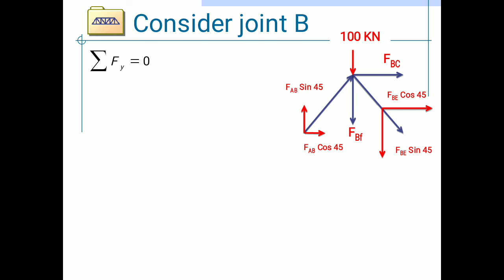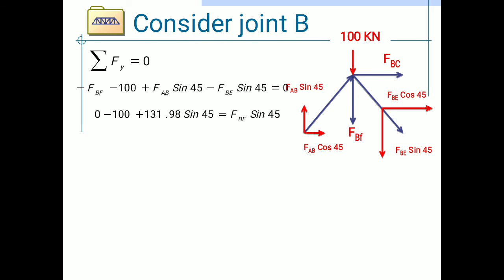The vertical forces in this joint B are 4. The summation is taken of all four forces, that is FBF minus 100 plus FAB sin 45 minus FBE sin 45 is equal to 0. By solving this equation, we get the value of FBE as 9.44 kilonewton.